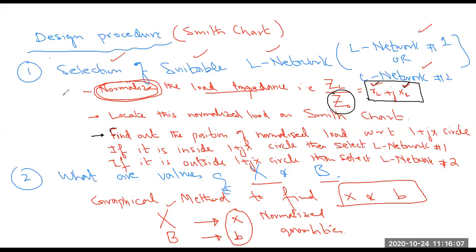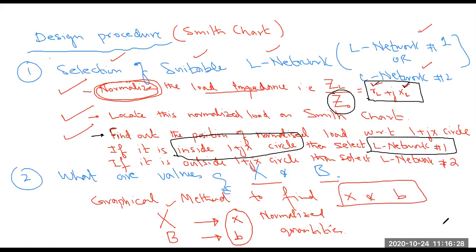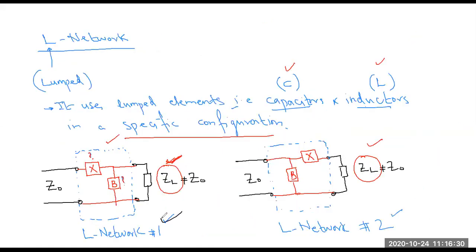So what we have done, we have normalized the load impedance. We have located this normalized load on Smith chart, and then we found its position. And what we observed is that it is inside. So if it is inside, then select L network number 1. So where is L network number 1? This is our L network.